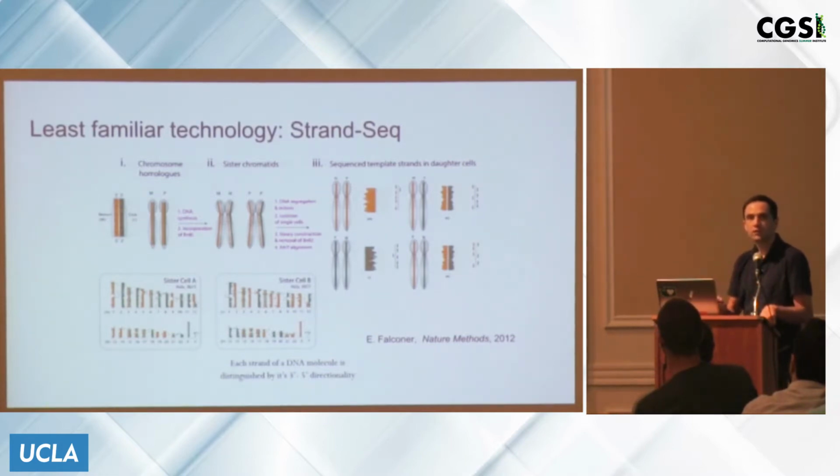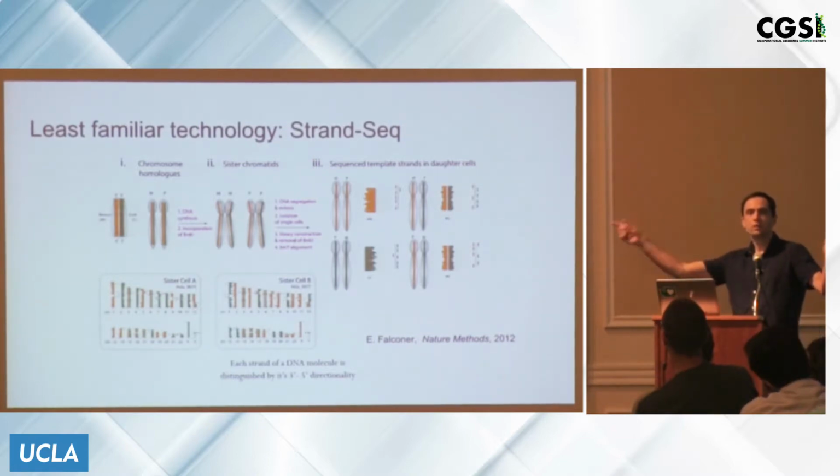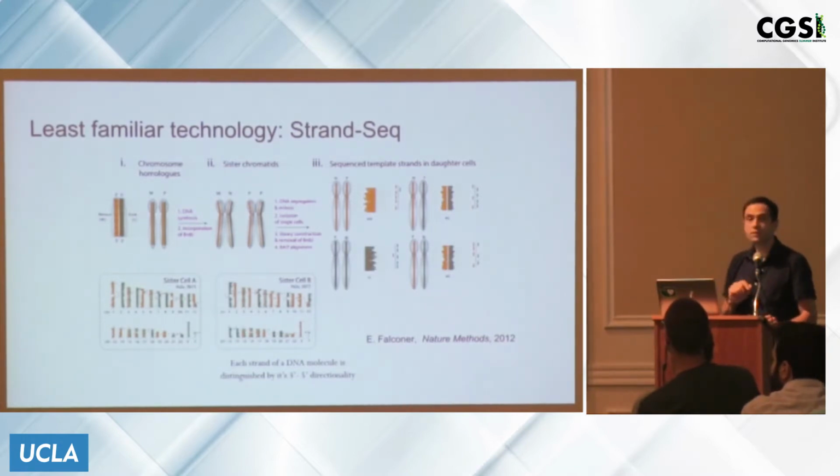So every cell that's sequenced will have reads from only one or the other strand. Anytime you see a read mapping to one strand on any part of the chromosome and the same strand elsewhere on the chromosome, those two reads are in phase. This gives you full chromosome-to-chromosome phasing of sequencing reads.